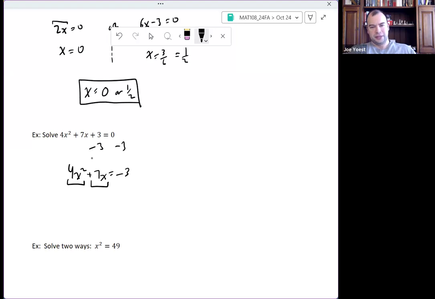And I don't really know how to get from here to something like x equals number. If I try to subtract the 4x squared over to the other side, then I have a variable on both sides, and the same if I try to put the 7x on the other side. So this is a good first thought, but this strategy typically doesn't work in quadratic equations.